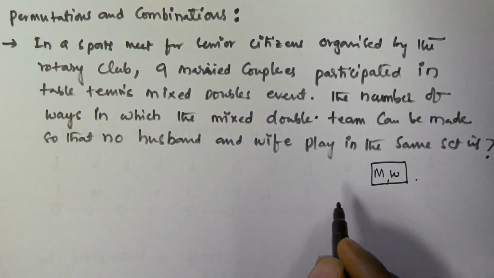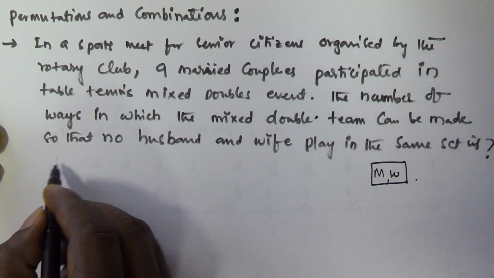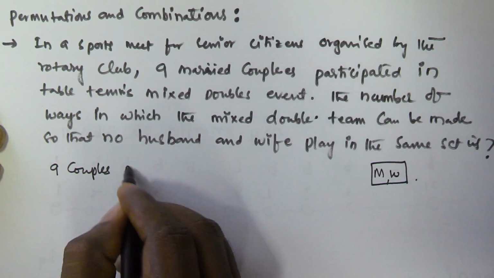So how can we form a mixed double team to play the same set where the husband and wife are from different pairs, right? Total 9 couples participated.